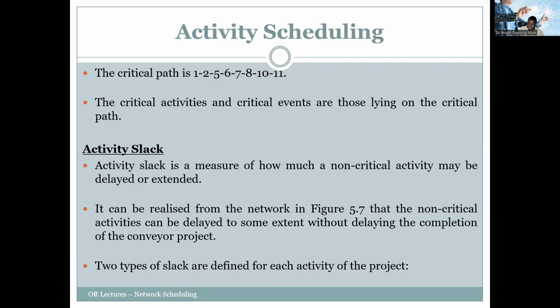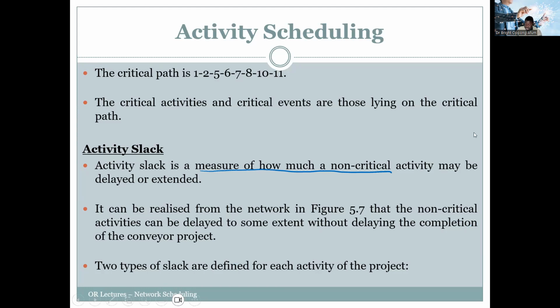So what is activity slack? Activity slack is a measure of how much a non-critical activity may be delayed or extended. So it can be realized from the network that the non-critical activities can be delayed to some extent without delaying the completion of the conveyor project.